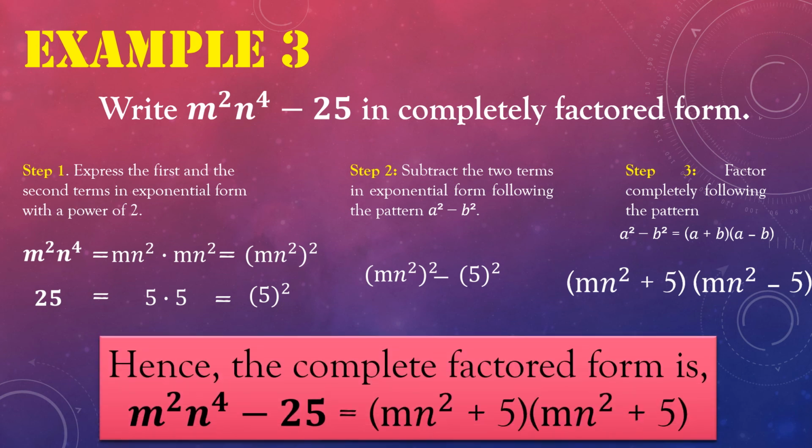Hence, the complete factored form of m squared n raised to 4 minus 25 is equal to m n squared plus 5 times m n squared minus 5.